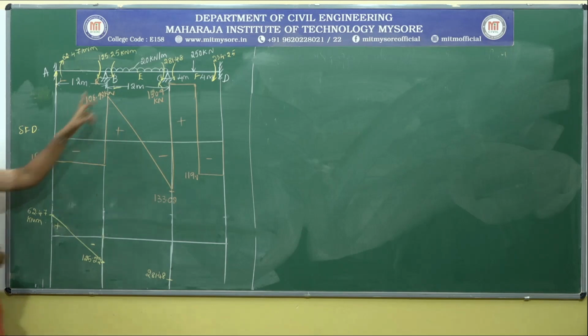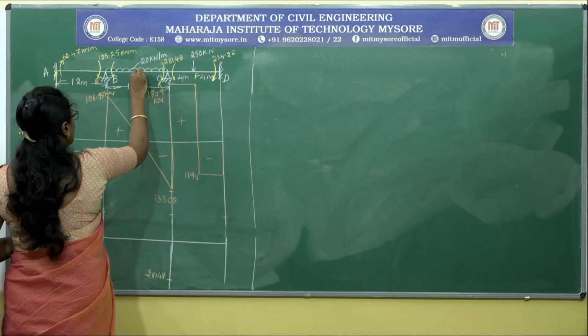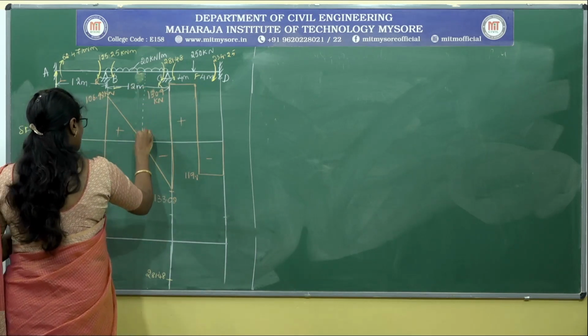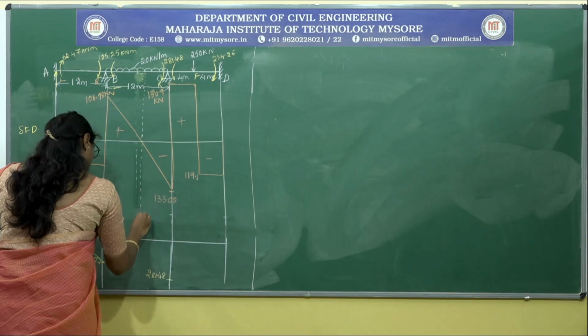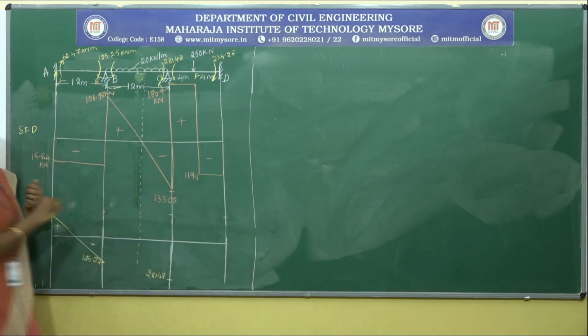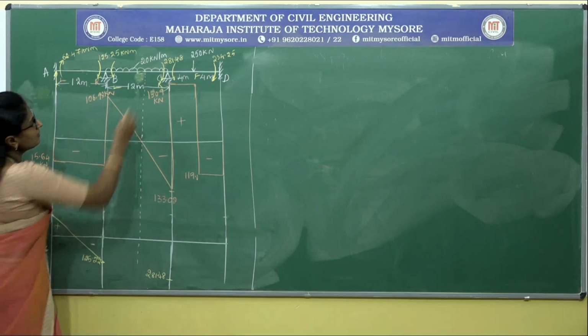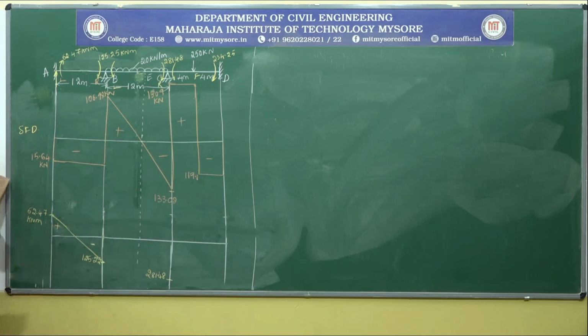So, in between B and C, we have calculated the maximum bending moment at joint E. What is the maximum bending moment at joint E?